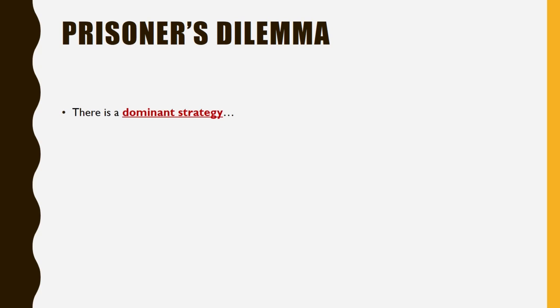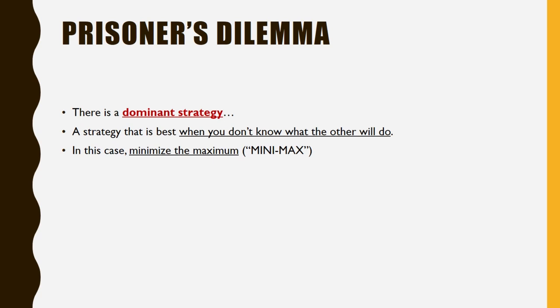So what we have here is what we call a dominant strategy, and that's a game theoretic property. A dominant strategy is a strategy that's best when you don't know what the other will do. So if I don't know what Bonnie's doing, what's the best choice for me? So there's a clear dominant strategy here.